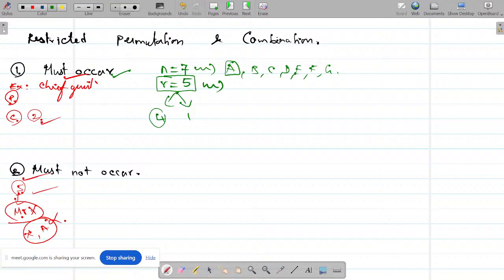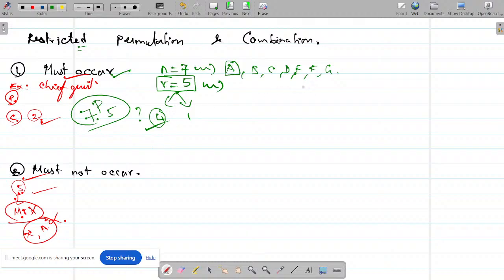Now we are worried about who the other four persons are. Now we have to arrange it. If there is no restriction, what would be the answer? Totally 7 persons, and I have to arrange 5, so 7P5, simple. But now I'm restricting that this one person is definitely there. So for the remaining, how many do I have to choose? Only 4.